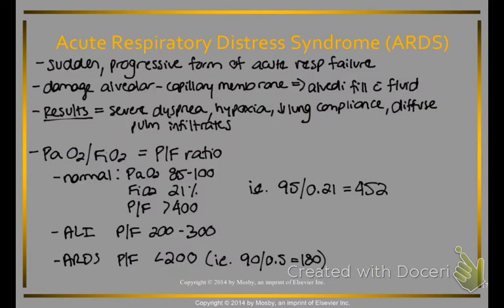So, seeing all that formula, is it possible that we may be given these calculations and have to determine whether the patient is in acute lung injury or ARDS? You have to understand, in general, that a normal PF ratio is greater than 400.